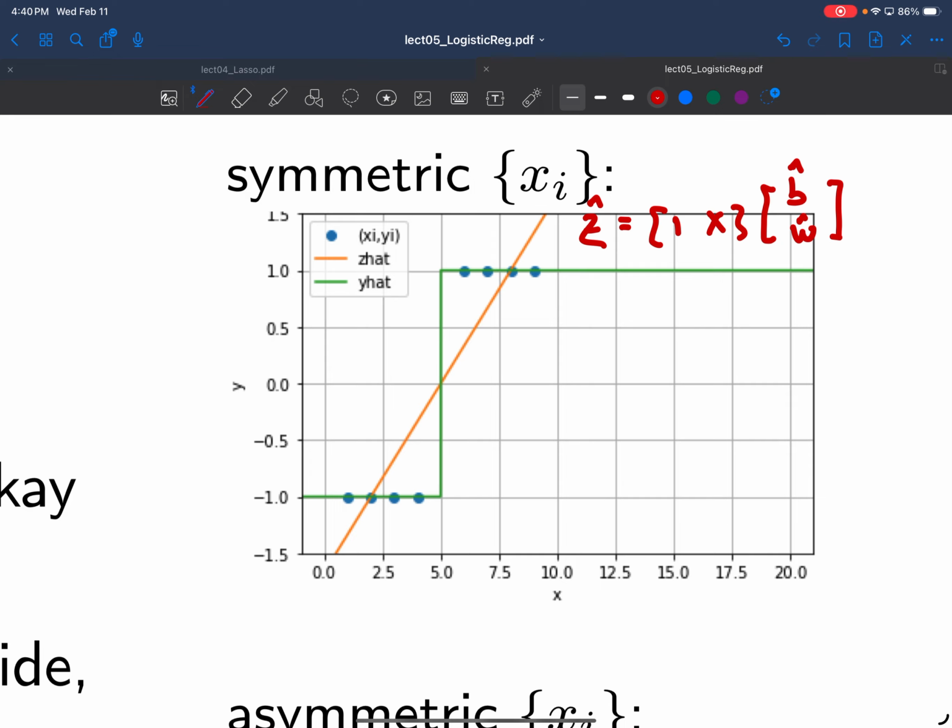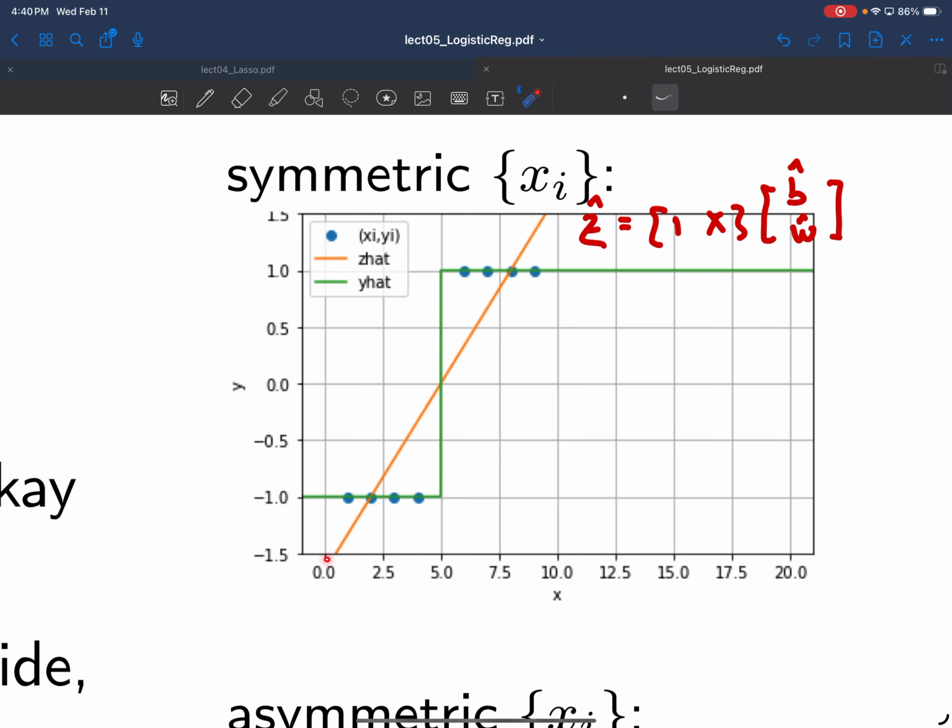And now I'm plotting this versus x. There's going to be an offset, and then a linear slope. The slope of this is going to be whatever we learned for w hat, the fitted coefficient.